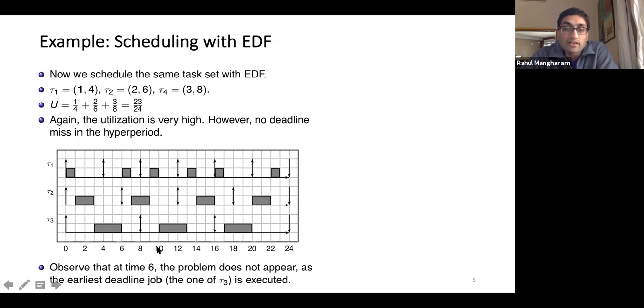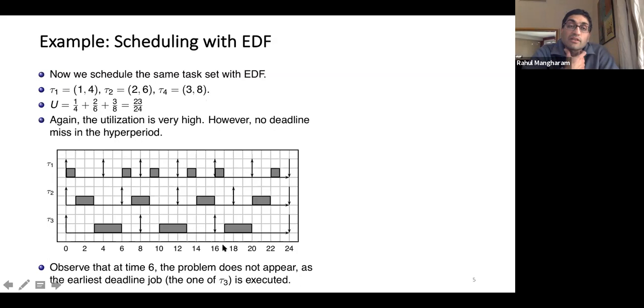Then we let this repeat, and we have 4, 6, and 8. What is the lowest common multiple here? So 24, right? We let this run till 24, and then we see that it's going to repeat after this, and everything is schedulable.